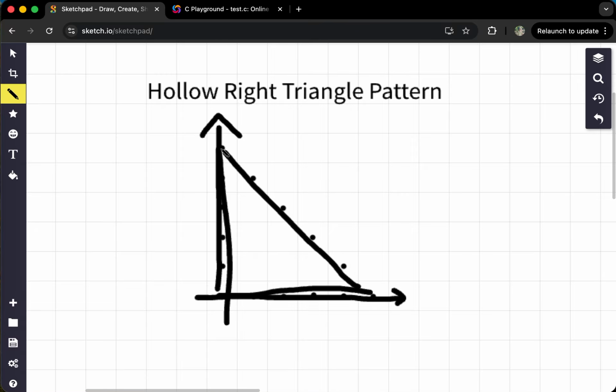So let's quickly note down the coordinates of our vertices. So this vertex would have x coordinate 0, and y coordinate n minus 1. Since there are n points in total, and we are starting from y equal to 0, this point should have y coordinate equal to n minus 1.